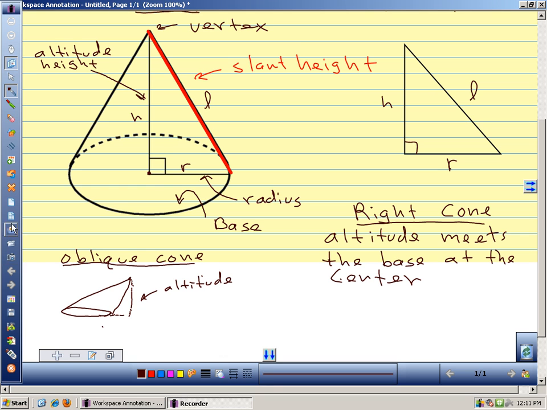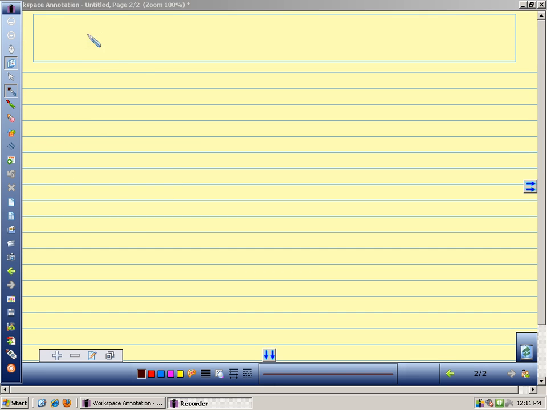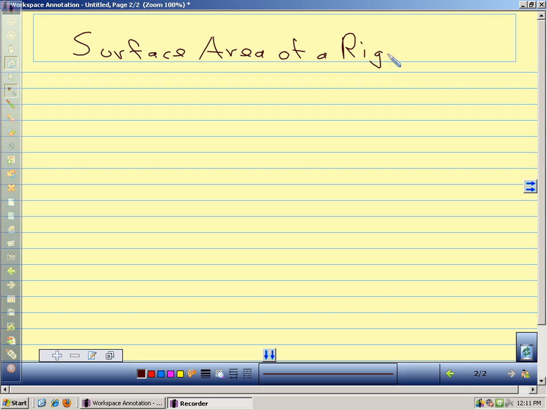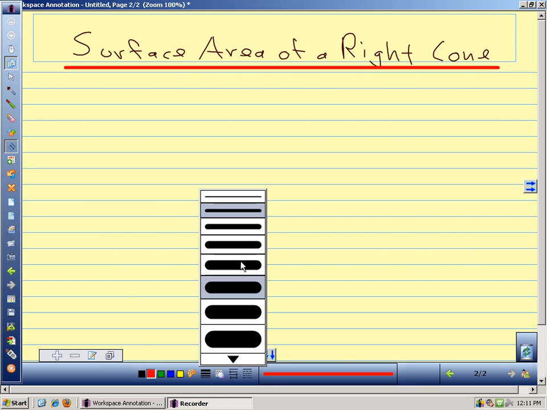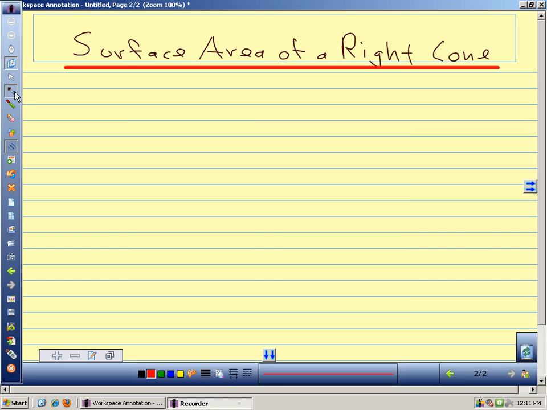All right. Our surface area formula. Our surface area formula is for a right cone. So the surface area of a right cone, we need two things.